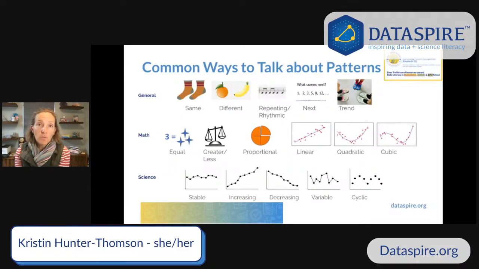This is a great one for our middle school and above where we're looking at multiple variables. Or, where do you see something staying the same, increasing or decreasing? So stable, increasing, and decreasing are 3 of the common patterns that we talked about last week. Or, are there any surprises in the data?